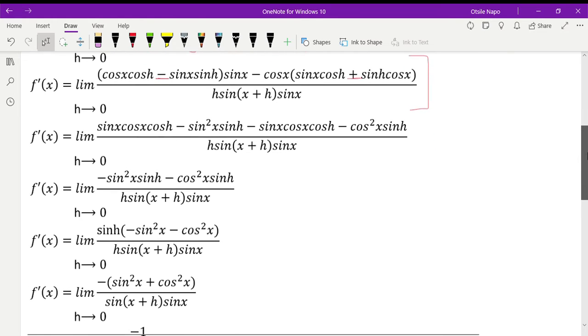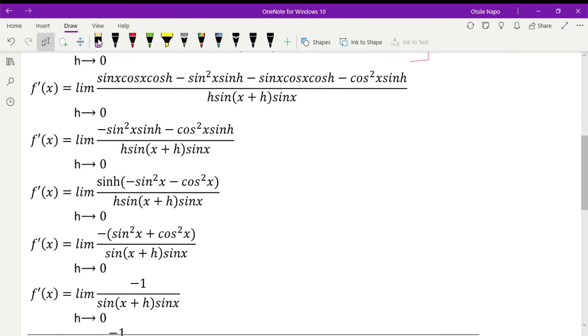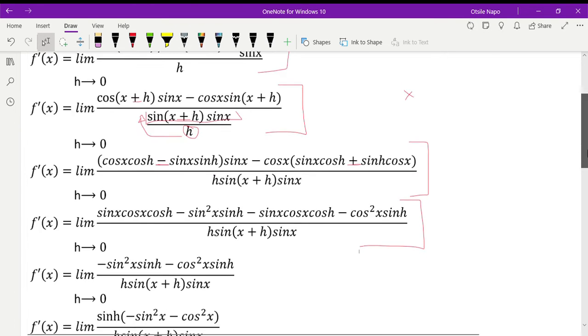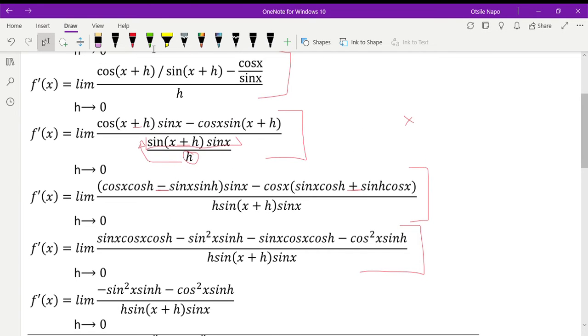So now we are here. Since our sine and our cos x are outside the brackets, we multiply throughout the bracket. Then we get this.